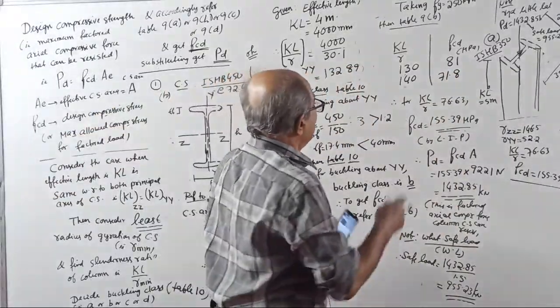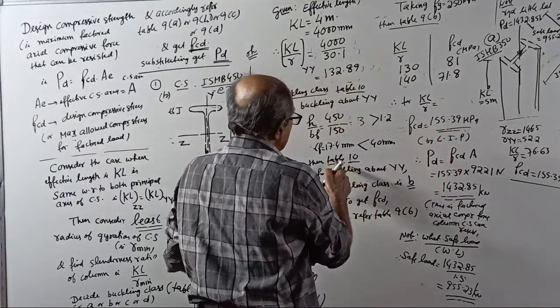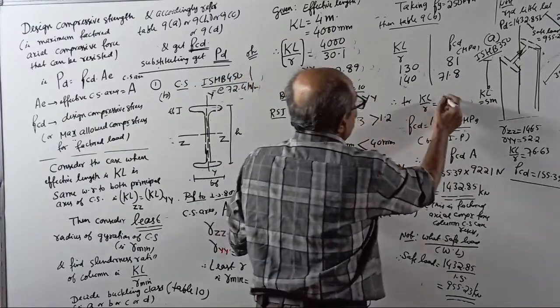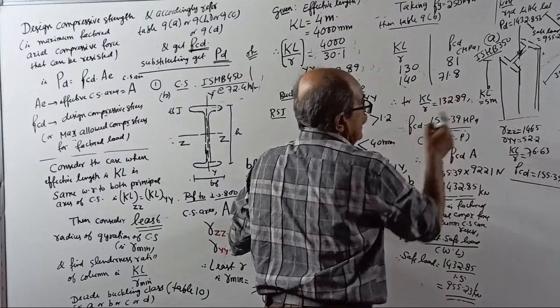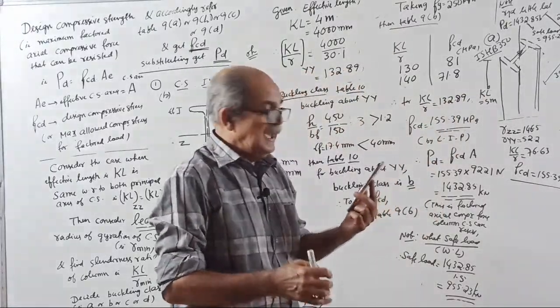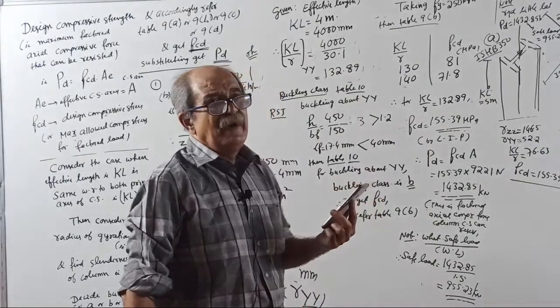Now I don't have a calculator. Therefore, for KL by R equal to 132.89, tell me the FCD value.